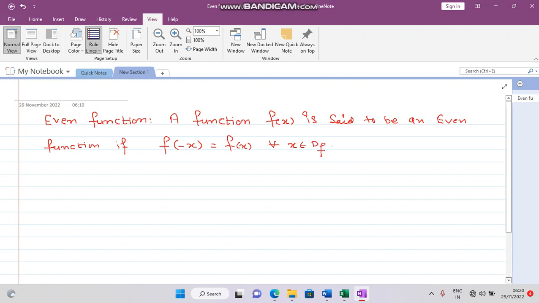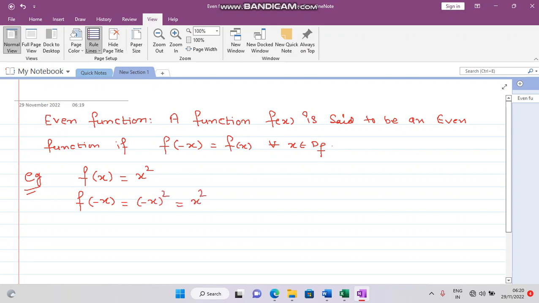Meaning, on changing x to minus x, if it does not affect your function, it remains f of x, then the function is called an even function. For example, f of x equal to x square. Now on changing x to minus x, what do you get? You get minus x whole square. So minus x whole square is what?